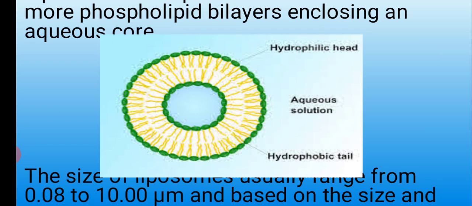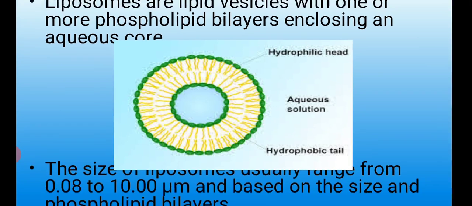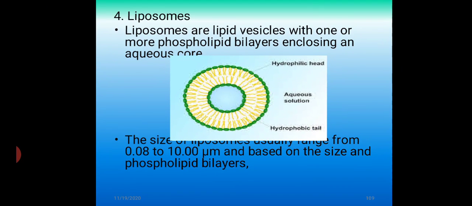So these phospholipids are both hydrophilic and hydrophobic in nature, and this forms vesicles, like micellar structures. Inside these vesicles we can incorporate a certain quantum of drug molecules. The size of these liposomes varies from 0.08 to 10 micrometer based upon the phospholipids.